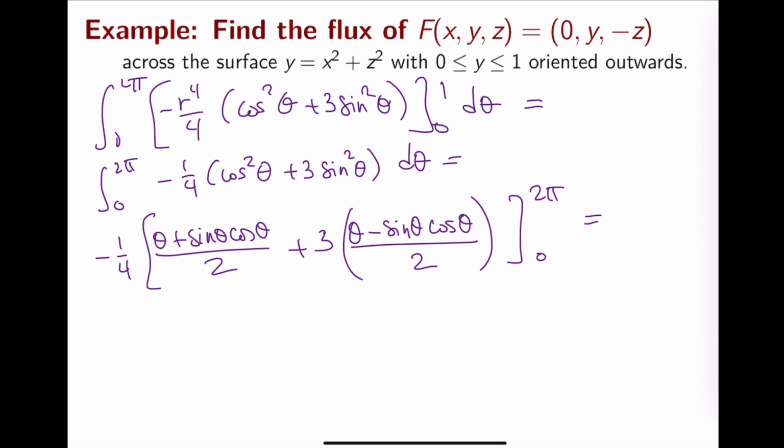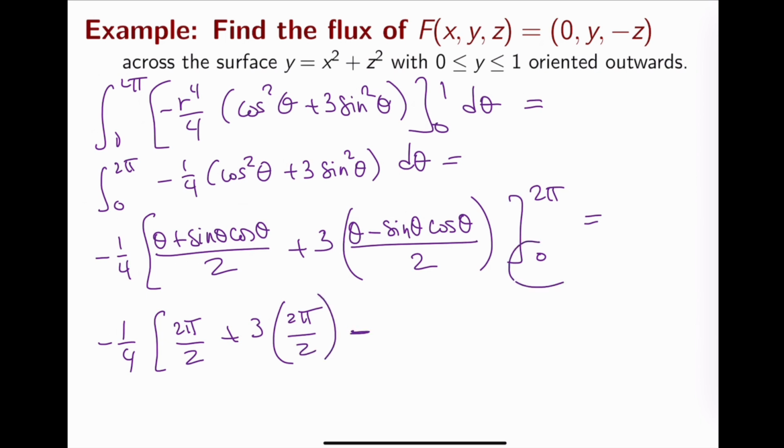Now let's evaluate. This is going to be minus 1/4. When we evaluate at 2 pi, we're going to have here 2 pi. This part is 0, and so just 2 pi over 2 plus 3. Here we put 2 pi. This part is 0, right? Because sine of 2 pi is 0, over 2. Minus, we evaluate at 0, but now the whole thing is 0 here and here too, so it is the whole thing minus 0.